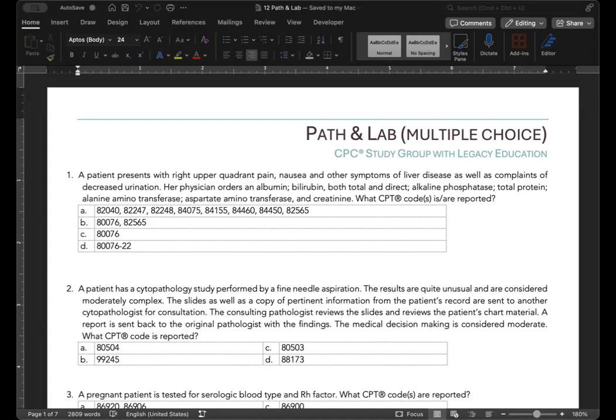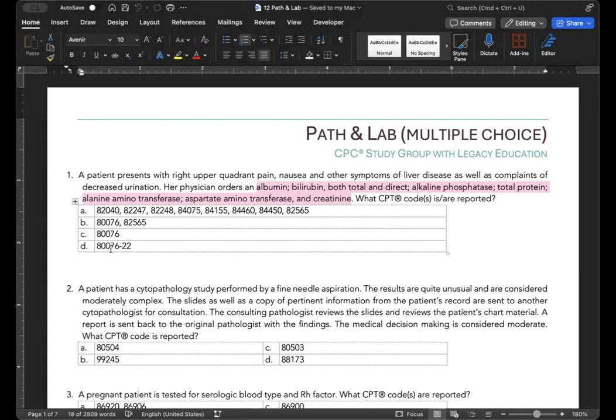So when we're talking about lab codes, not necessarily path and lab section, but labs where they're ordering specific labs, doing blood draws, and then testing them. When you have a lot of labs like this one, you do have those disease-oriented panels that are at the very beginning of the path and lab section.